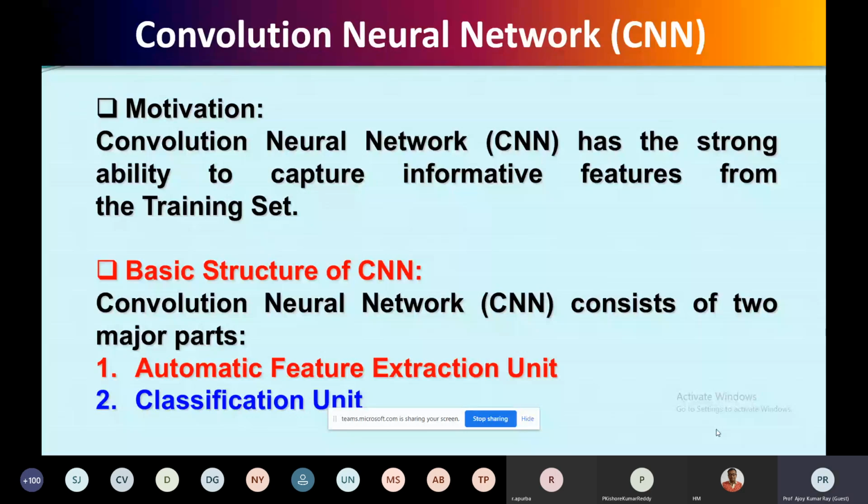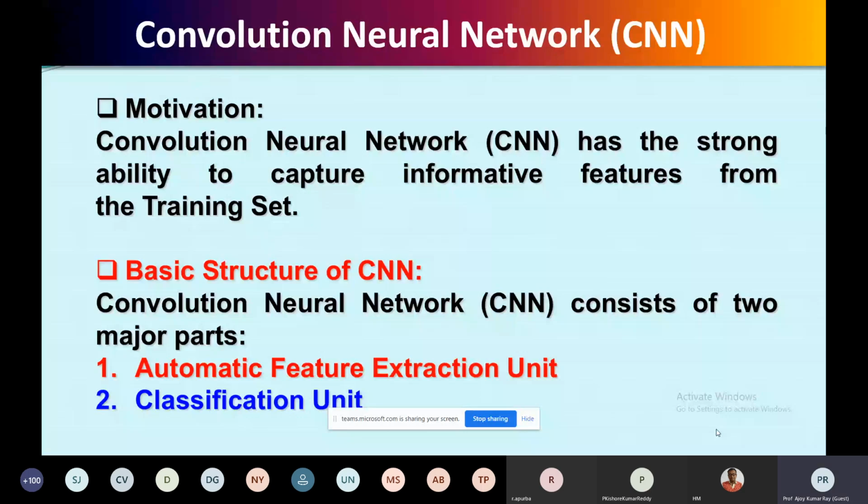The problem which was bothering us ever since this kind of learning system came into being was how to extract and how to select the feature. In convolution neural network, you need not bother about it, because the most important advantage of CNN is that the feature extraction will be done automatically.